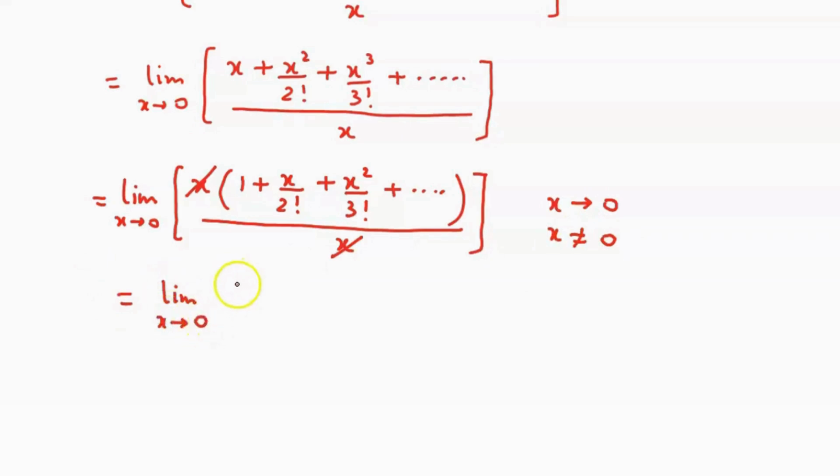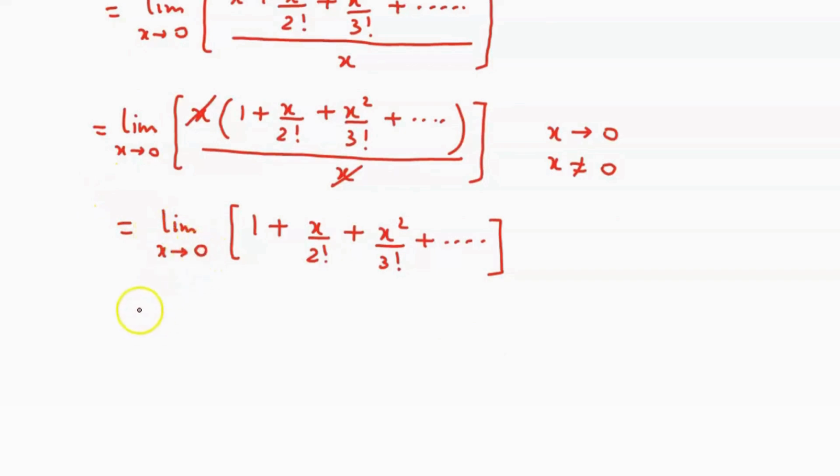So the left out part is the limit as x approaches 0 of 1 plus x upon 2 factorial plus x square upon 3 factorial and so on. And now we could substitute the value of x as 0, that is the approaching value of x.